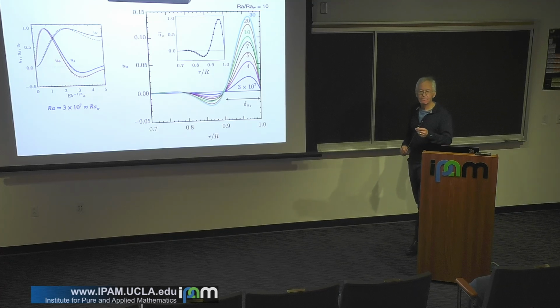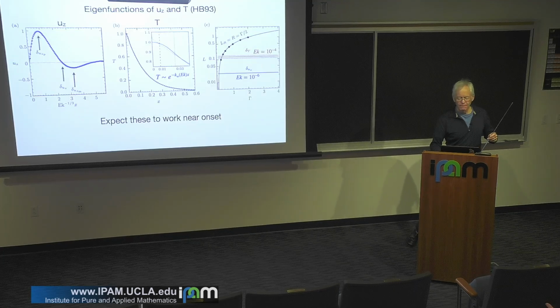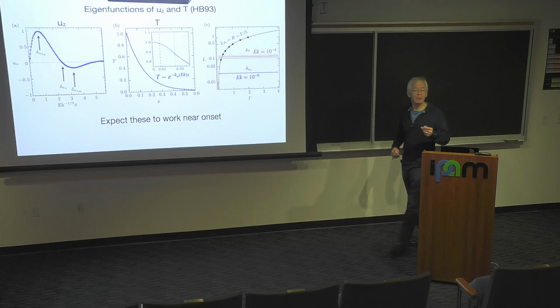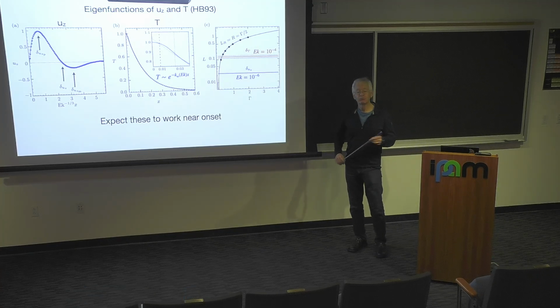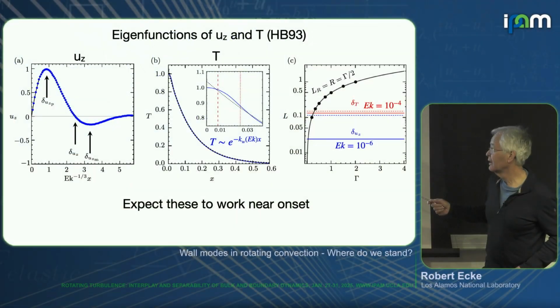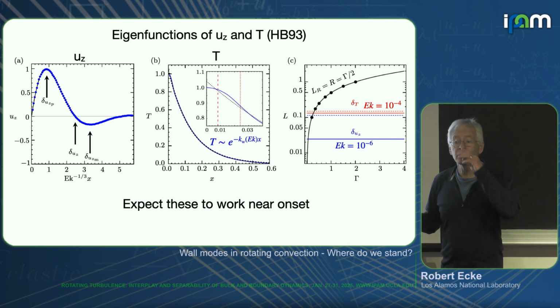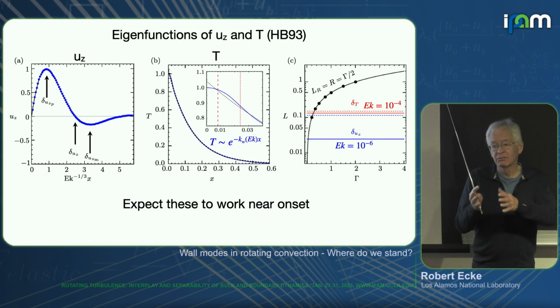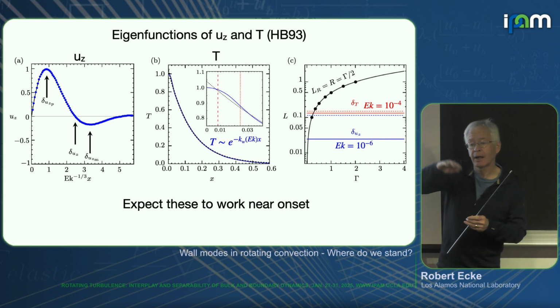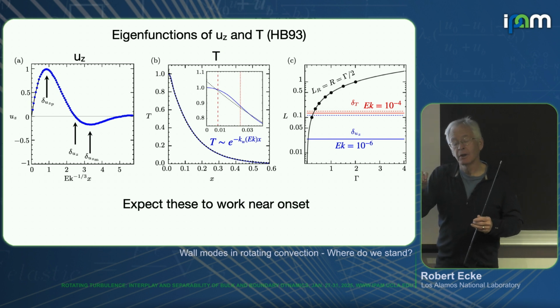Could you go back to that? Prandtl number dependence? Yeah, that's what I was going to ask. It is weakly Prandtl number dependent. So Busse's, it's also weakly Ekman number dependent. So you can go to Busse's figure 3 and he has the eigenfunctions.